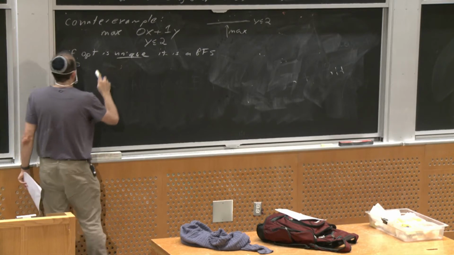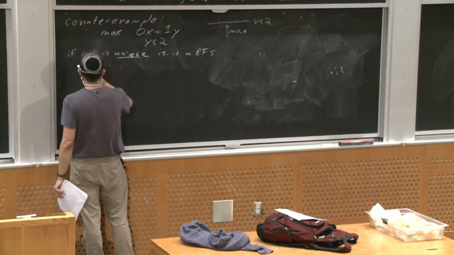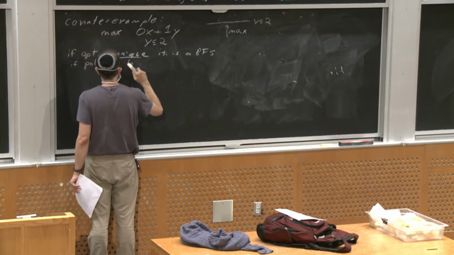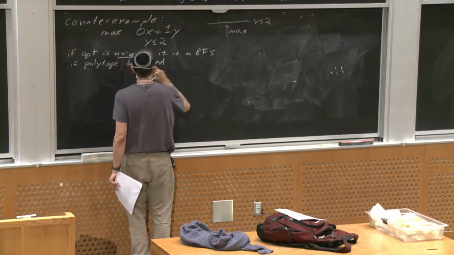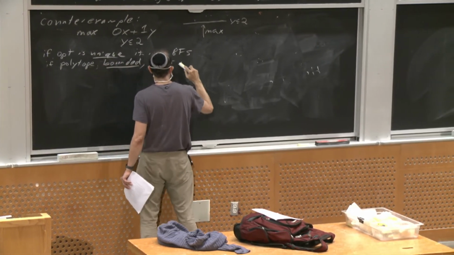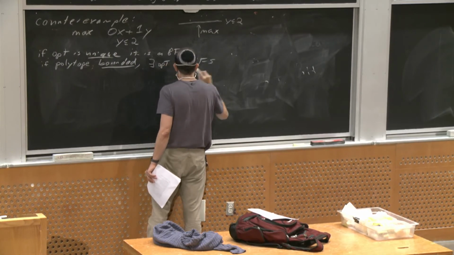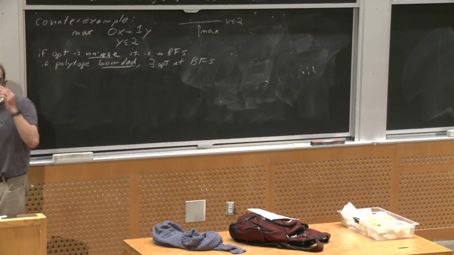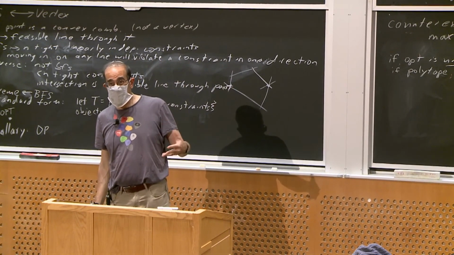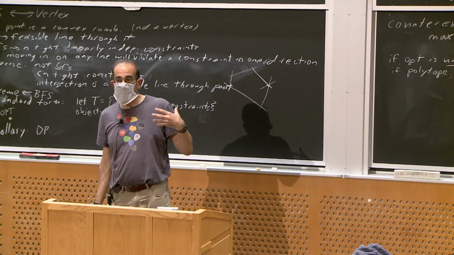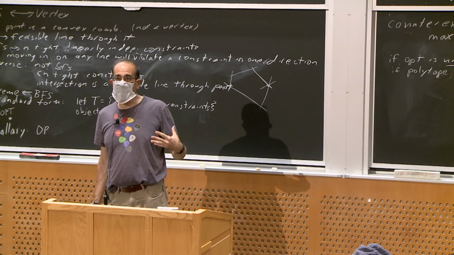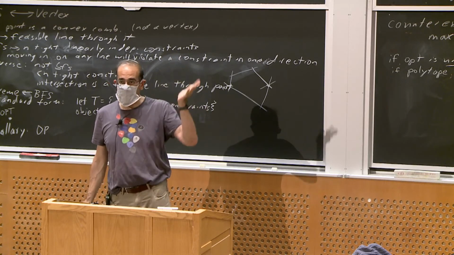Also, if the polytope is bounded, then there exists an optimum at a BFS. So it doesn't have to be in standard form, but it does have to be bounded. And again, standard form isn't always bounded, but the way we proved it was to rely on the bounding effects of the positive orthant.